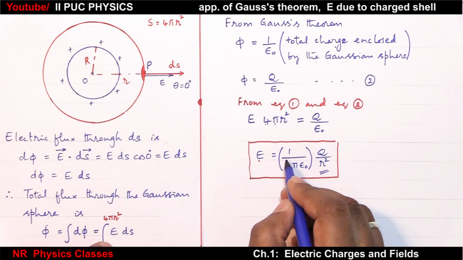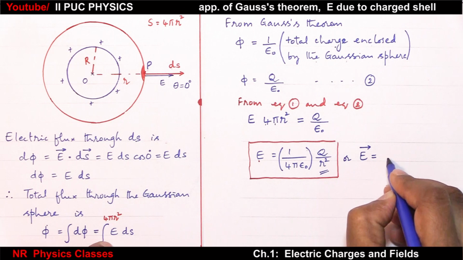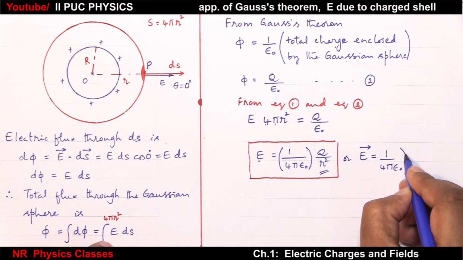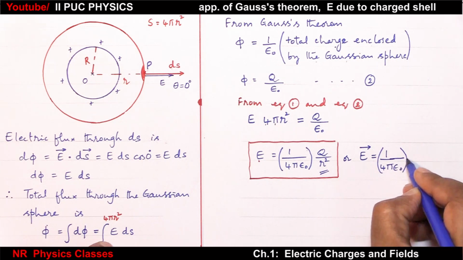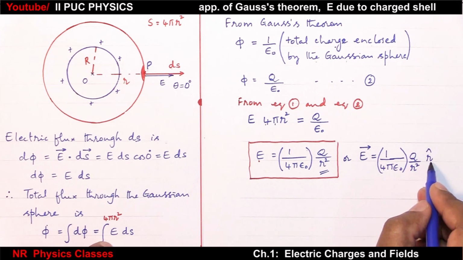Now the vector form of this: electric field vector equals 1 by 4 pi epsilon naught, Q by r square into r cap, where r cap is the unit vector.